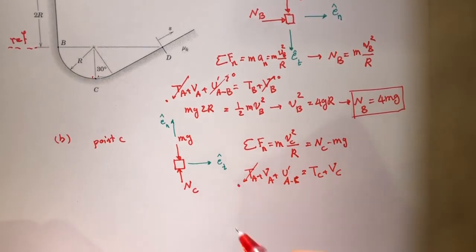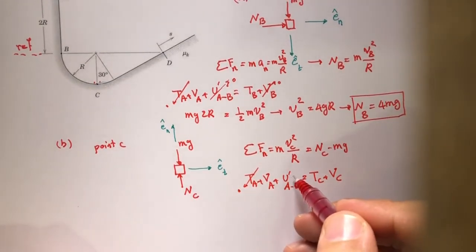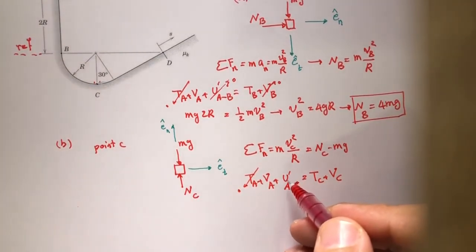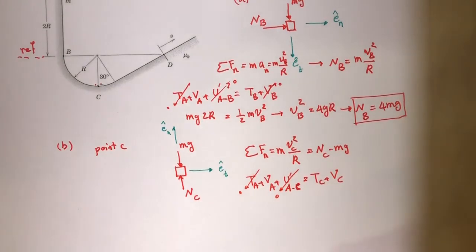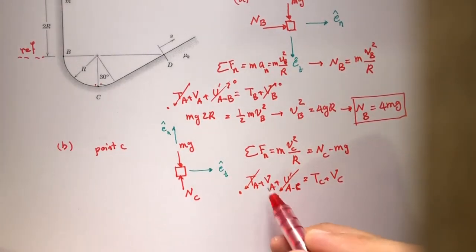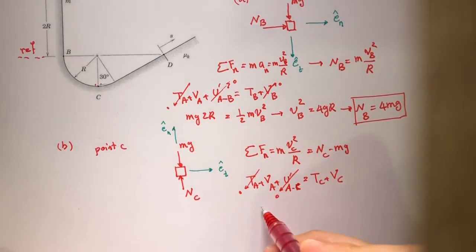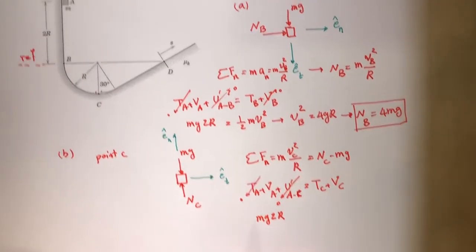Again, TA is 0, and there is no non-conservative force except the normal force, which is not doing any work here because it is perpendicular to the direction of the movement all the time. So U prime is 0 too. And VA, like the previous part, is going to be equal to mg times 2r. The height of it is 2r from the reference line.